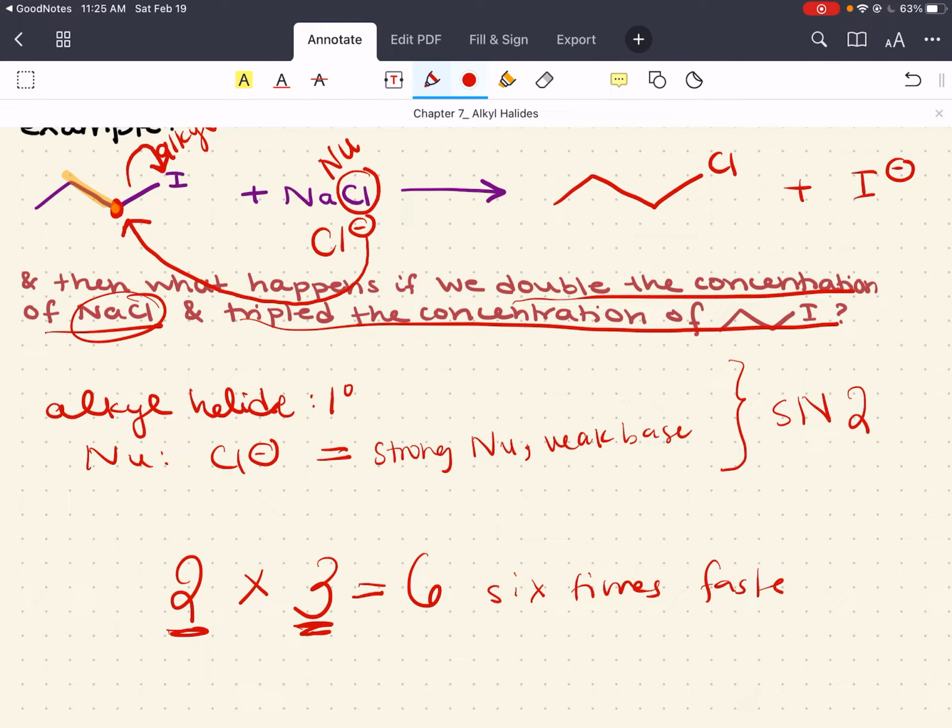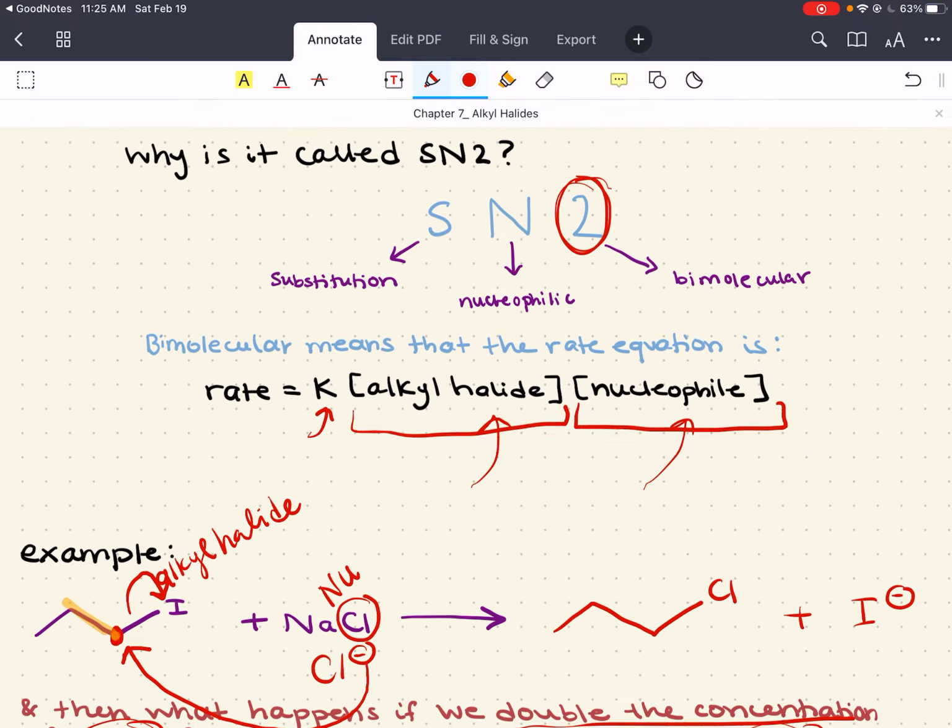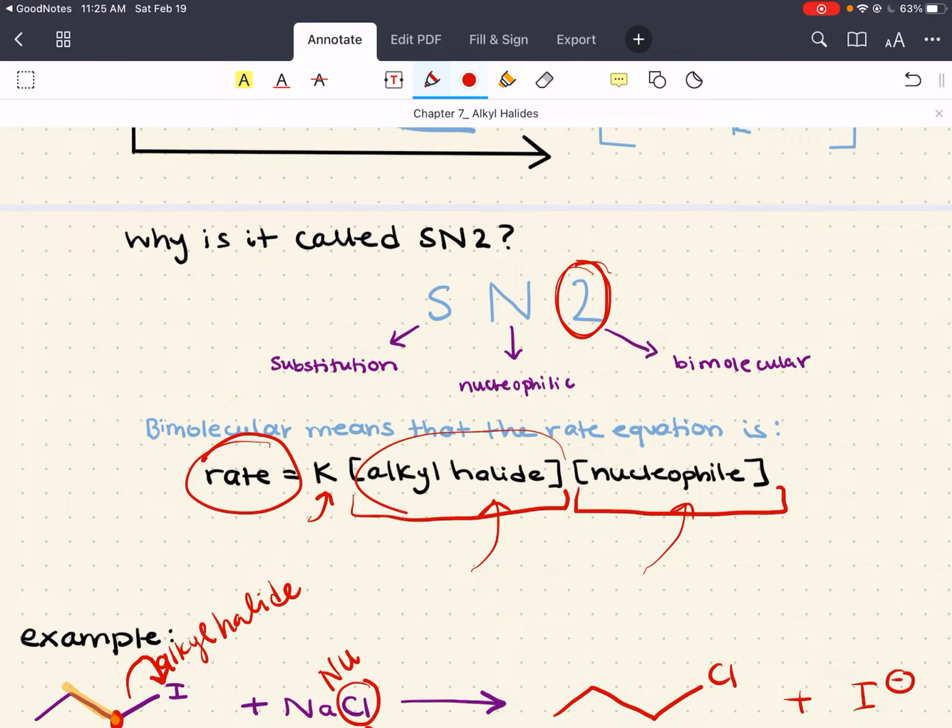You have to multiply these two because remember, our rate depends on the concentration of our alkyl halide and our nucleophile.